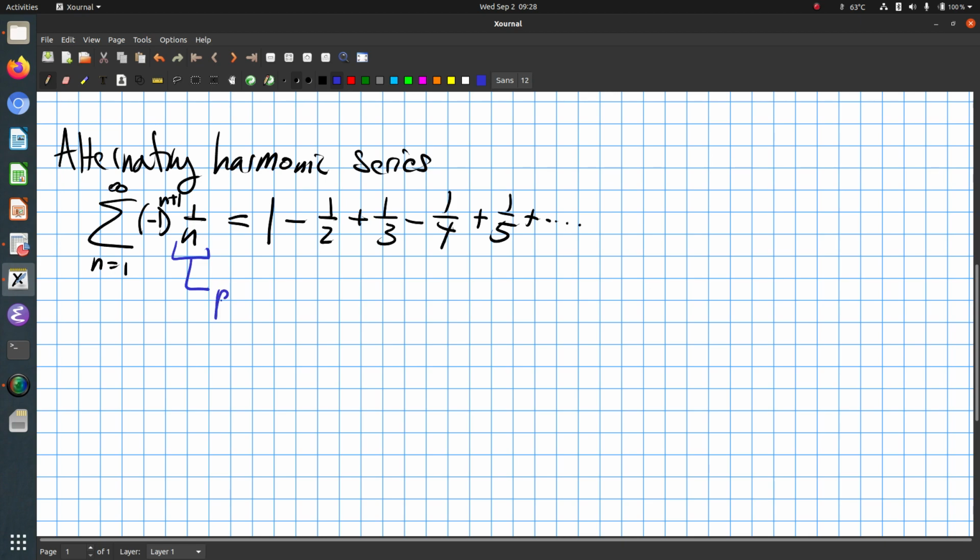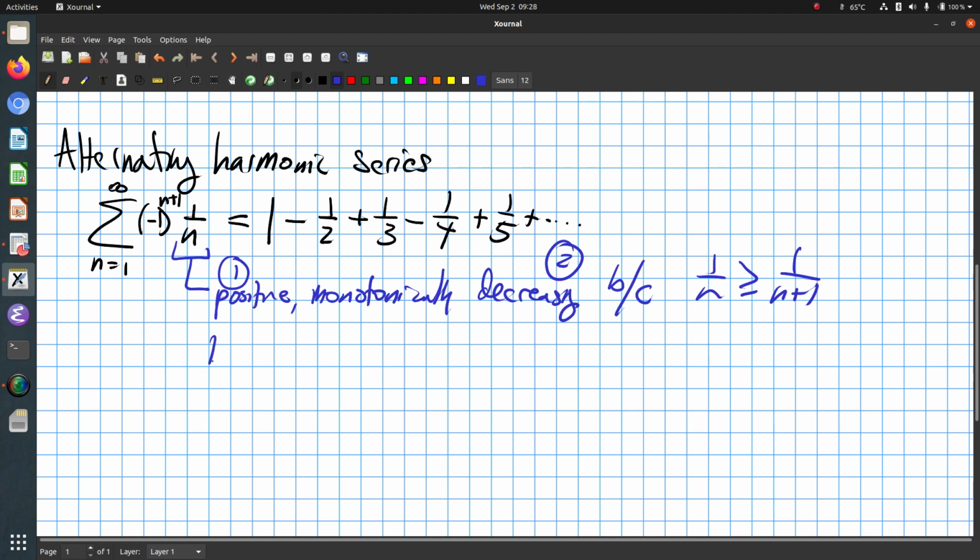Taking a look at this, it is positive, so ignore the sign for the moment. That's condition 1. It's monotonically decreasing, because 1 over n is greater than 1 over n plus 1. So that's 2.